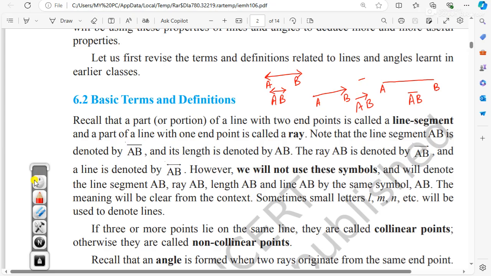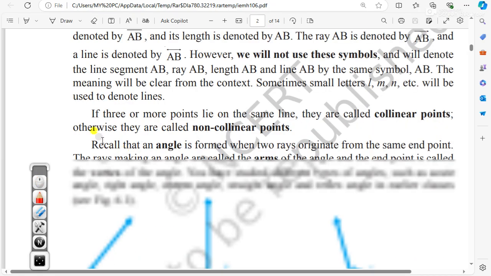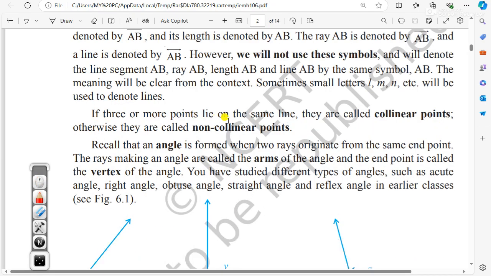Now you see what are collinear points. If three or more points lie on the same line, they are called collinear points. Otherwise, they are called non-collinear points. What is the meaning? There are 3 points, 1, 2 and 3.